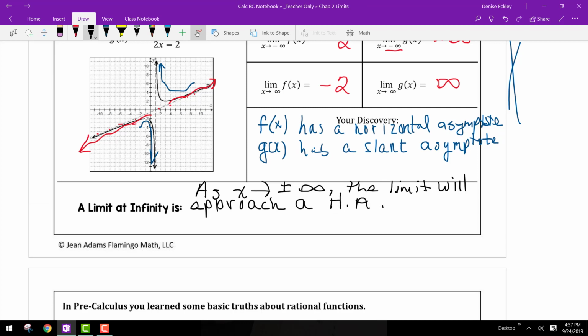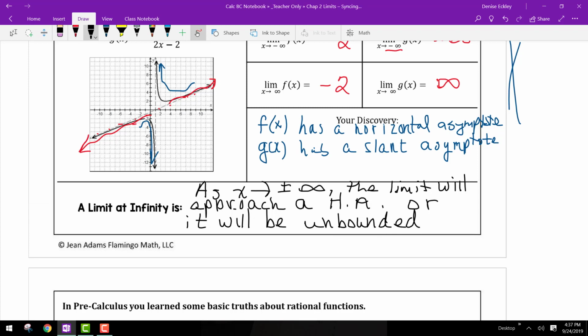I'm going to abbreviate that. That's one thing. Or it will be unbounded. So we have two choices. We either have unbounded behavior or we have a horizontal asymptote.